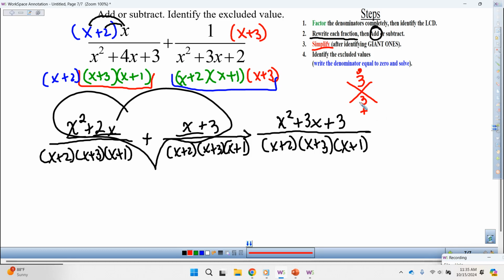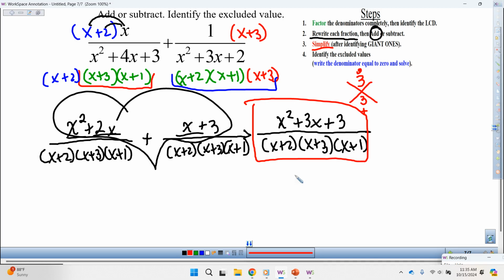What factors of 3 add up to 3? 1 times 3 is 3, 1 plus 3 is 4. I pass it to Renzo. What factors of 3 add up to 3? There are none, right? Therefore, guess what? We are done.